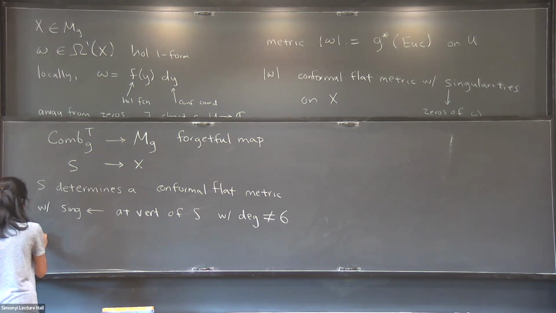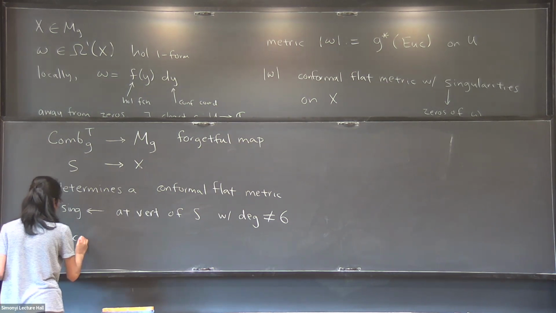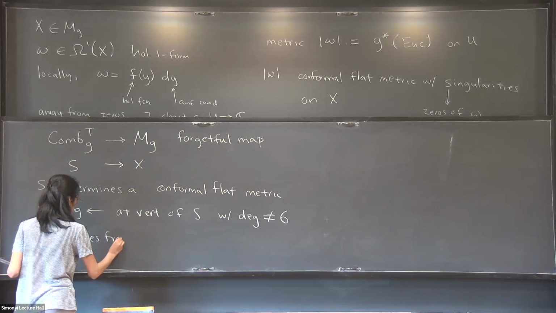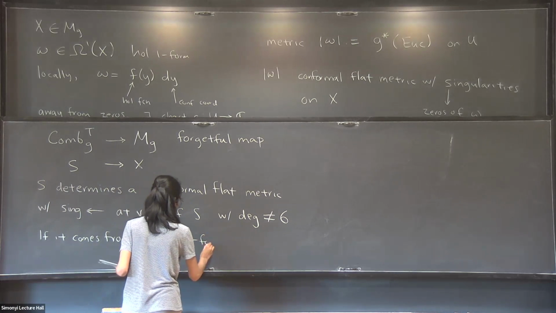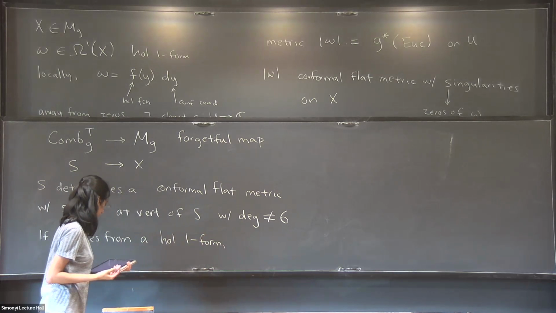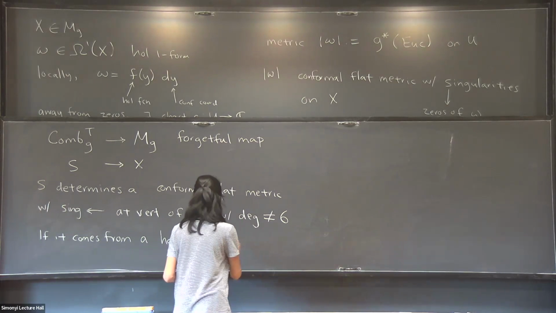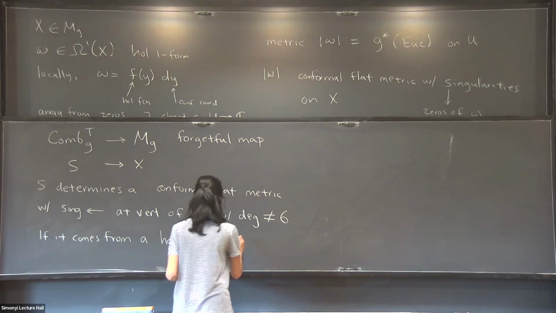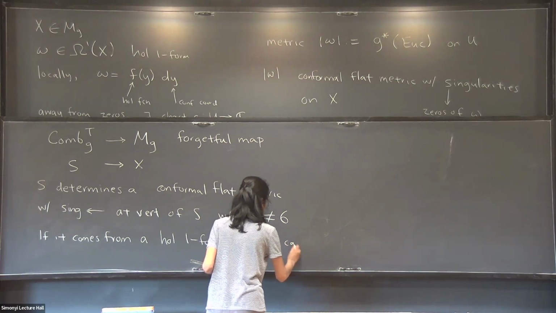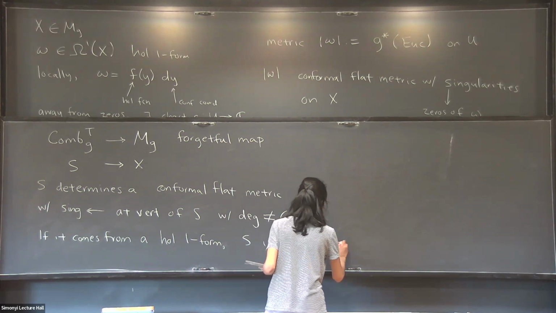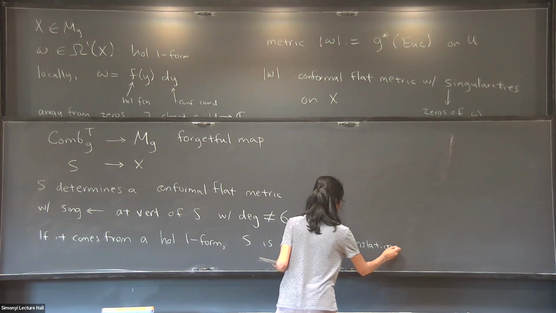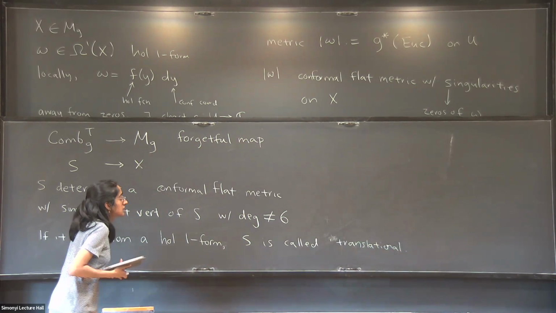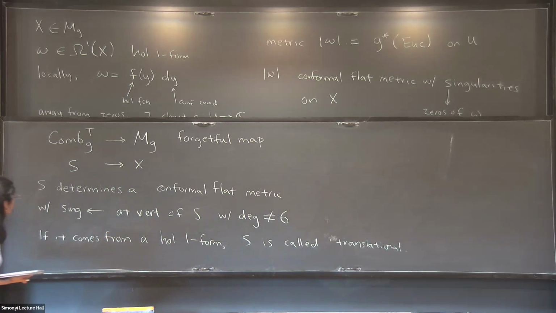And so if it comes from a holomorphic one form, then we will call S translational. And this comes from the term: a surface with a holomorphic one form is called a translation surface.